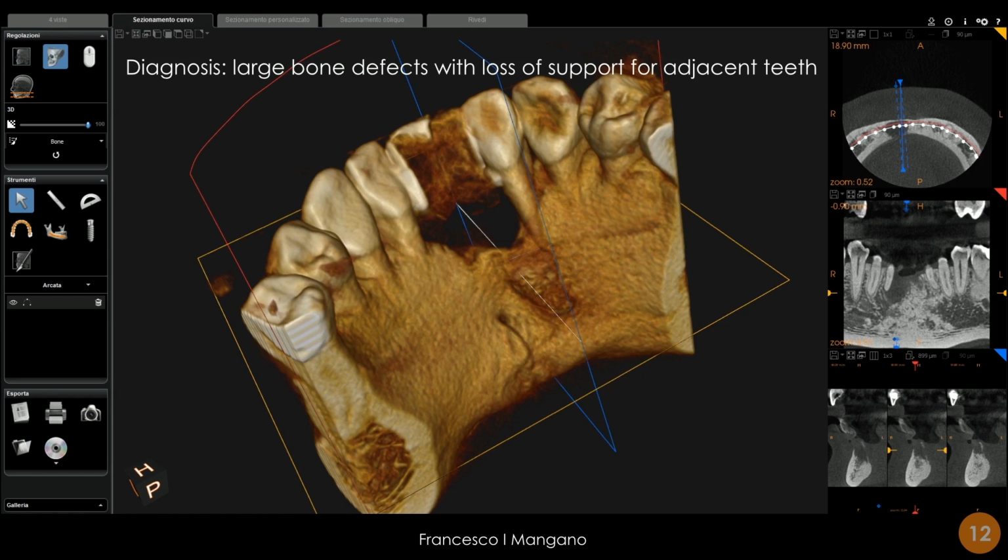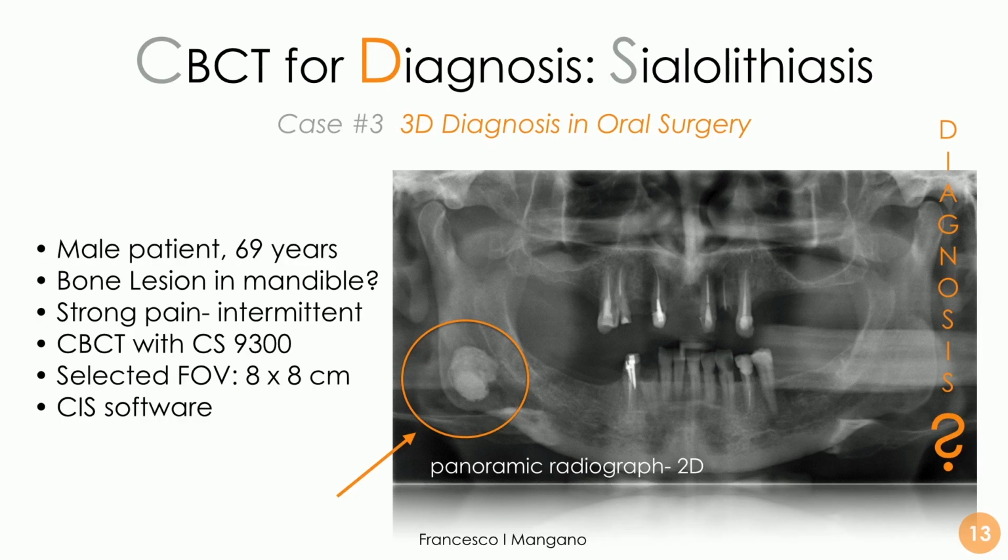As we can see here, these large bone defects are very easy to diagnose with cone-beam computed tomography. It's very difficult to understand the topology and the anatomy of the defect without a 3D examination. So it was clearly an advantage.